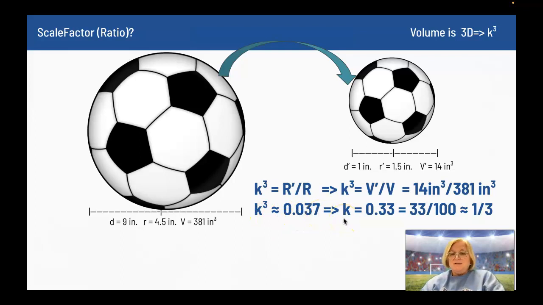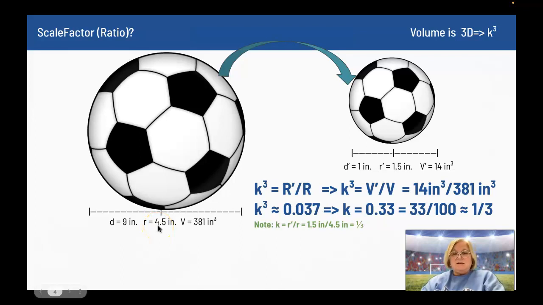Remember, you can use a calculator on this. When I take the cube root of that, I end up with 33/100. Written as a fraction is 33/100, and when I reduce, I get approximately 1/3. Which, if I check this, that makes sense because my radius is a length.